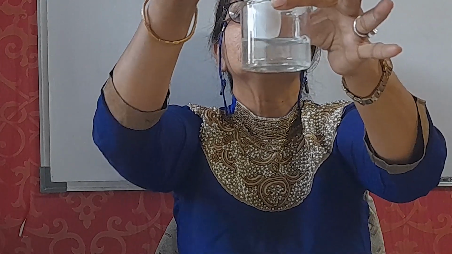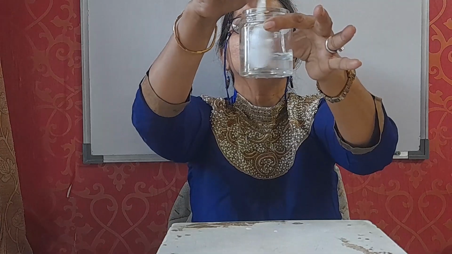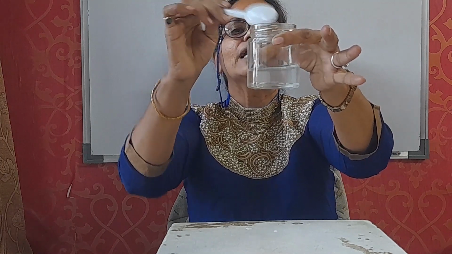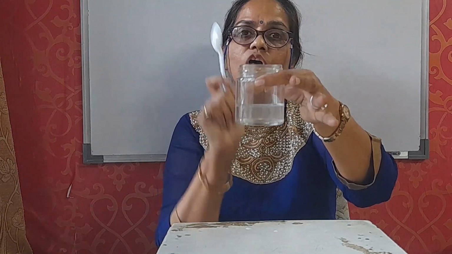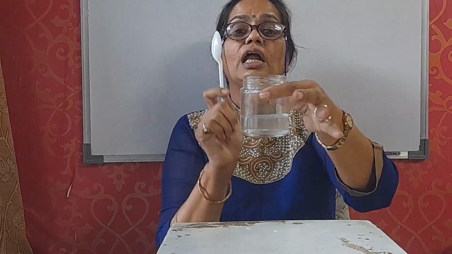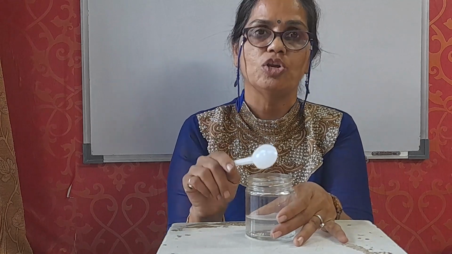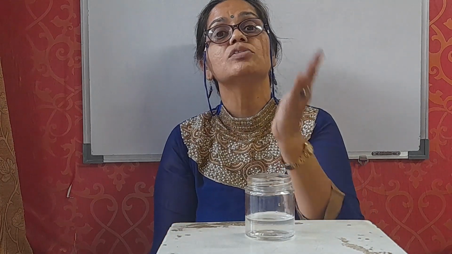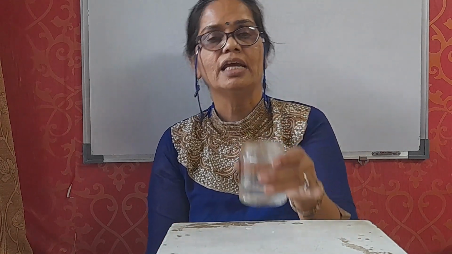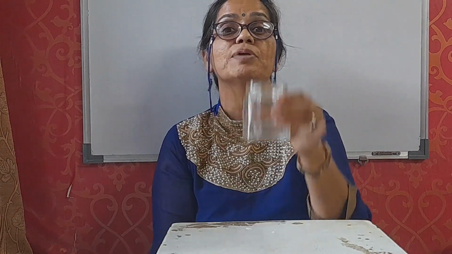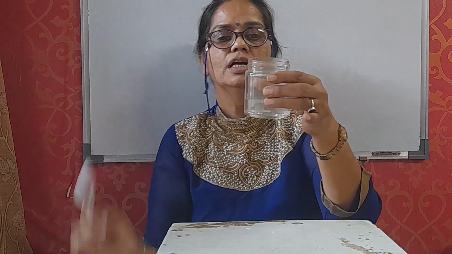The salt is completely soluble in water. Now it has disappeared in water. So that means salt is soluble in water. Here salt is called the solute. Water is called the solvent. And when I have mixed salt and water, it has become the solution.